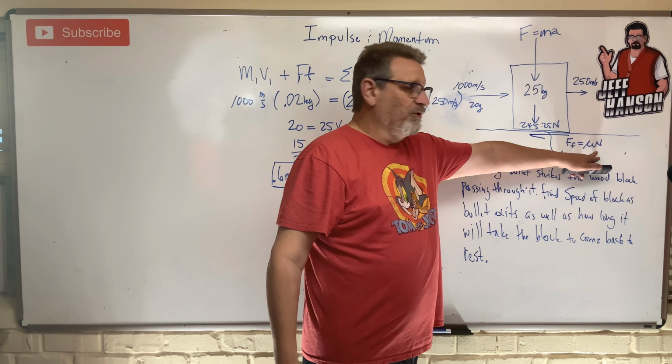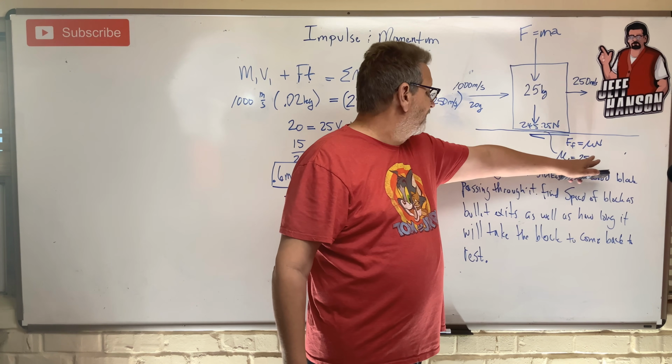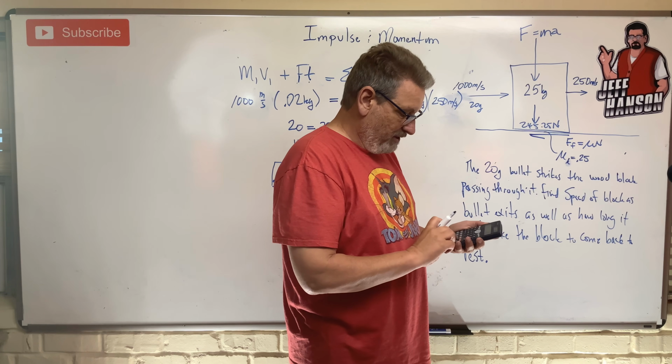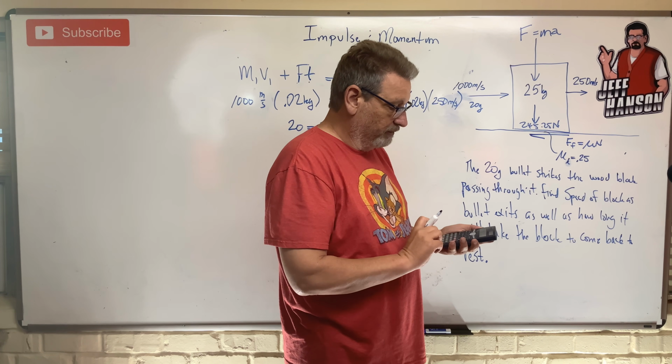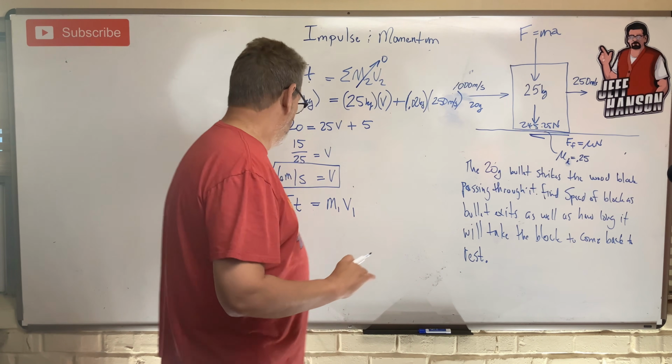Times, that's the normal force pushing down on the floor, right? Box push on floor, floor push on box, times 0.25 equals a friction force of 61.31 newtons, okay?